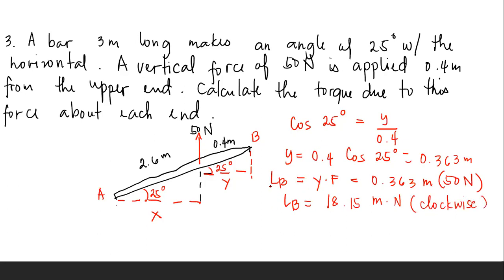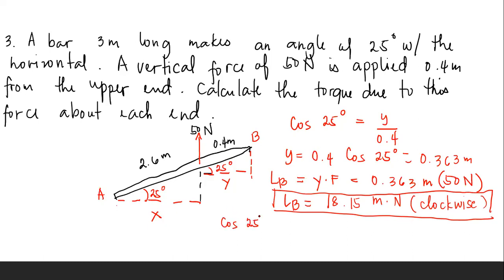Now for the torque at A, first get the value of x. Cosine 25 degrees is equal to x over 2.6, where x is equal to 2.6 times cosine 25 degrees, which is 2.36 meters.